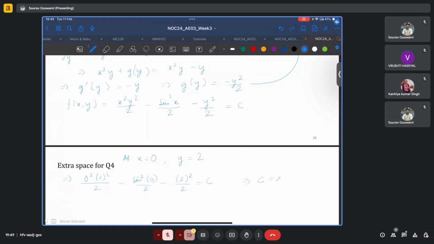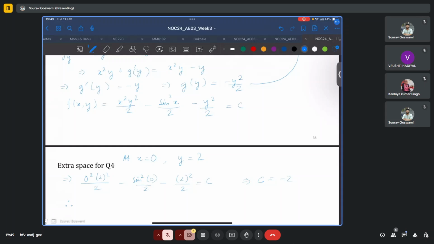C is equal to, first one goes to 0, second goes to 0, minus 2 square by 2 is minus 2, so c is equal to minus 2.